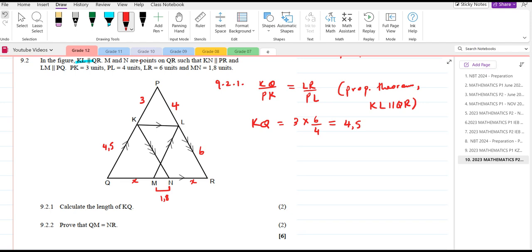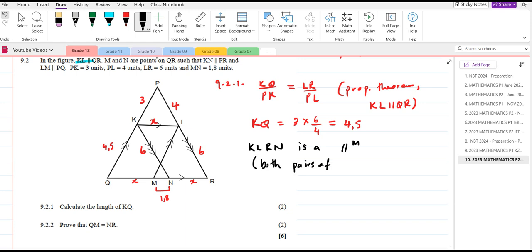NR and KL will be equal, X and X. That is 6 and this will also be 6, opposite sides of a parallelogram, right? And then we have a parallelogram here. So what we're going to write is KLRN is a parallelogram.